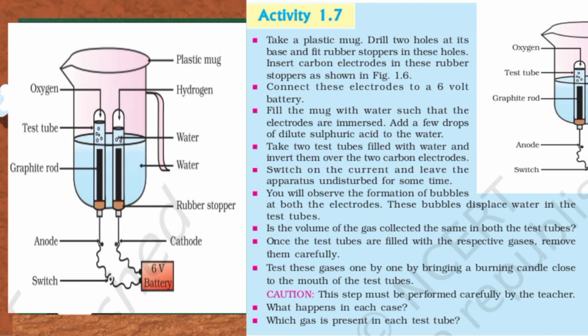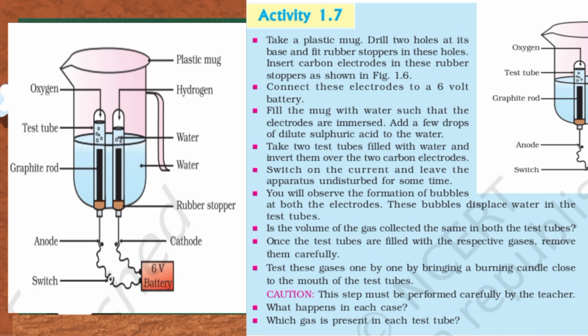So one more activity. Take a plastic mug, drill 2 holes at its base and fit 2 rubber stoppers in these holes. Insert carbon electrodes in these rubber stoppers as shown in the figure. You can see here in the figure how it is done. A rubber stopper filled with water and test tubes on the back, and you will have a graphite rod.